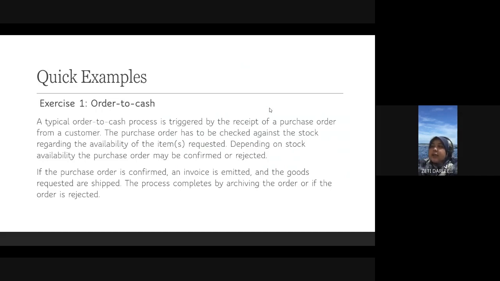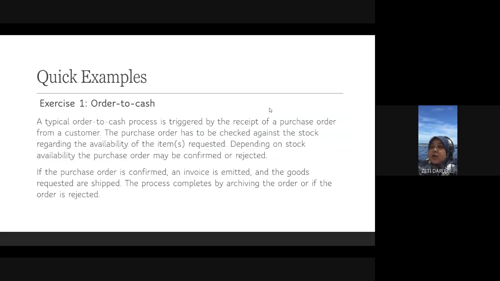Simple and complicated. So order to cash is a very familiar process that you have heard before. Order to cash is a simple process. It is a typical process that is triggered by the receipt of a purchase order from a customer. The purchase order is checked against the stock regarding the availability of the items requested.